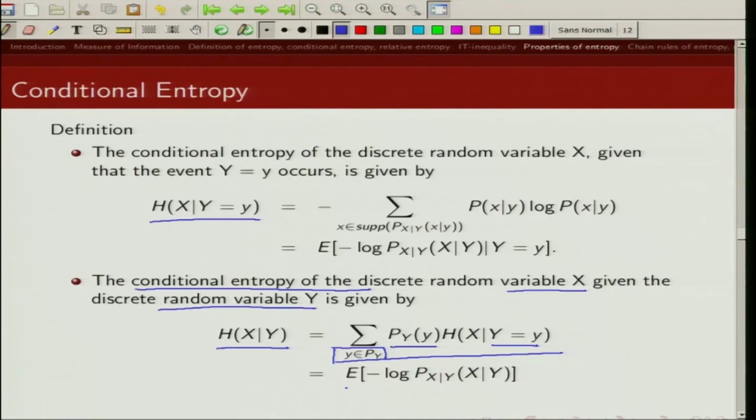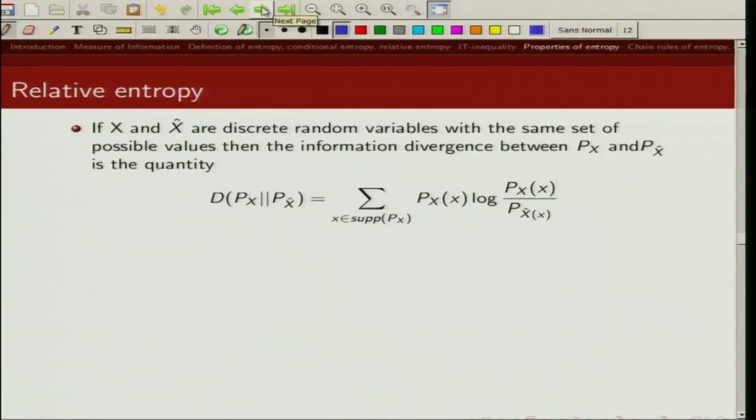So this can be written as the expectation of minus log of the conditional distribution of x given y. Now we define what we mean by relative entropy or divergence.